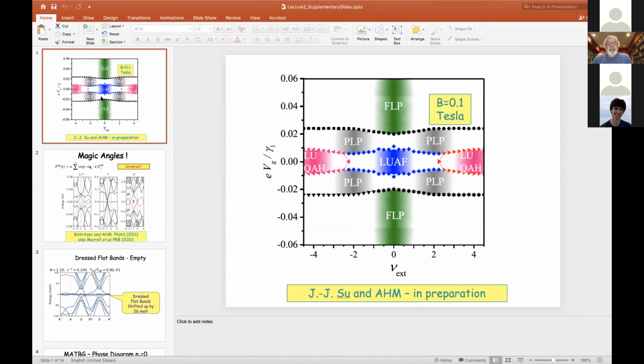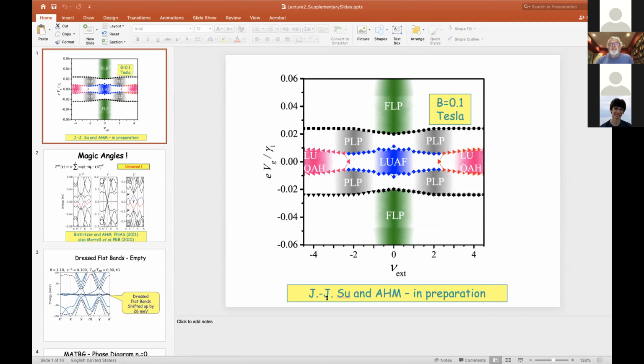This is a theory calculation for Bernal bilayer graphene of different insulating states that occur as a function of density along the x-axis, measured in units of filling factor, because this is done in a non-zero magnetic field, but a very weak magnetic field.